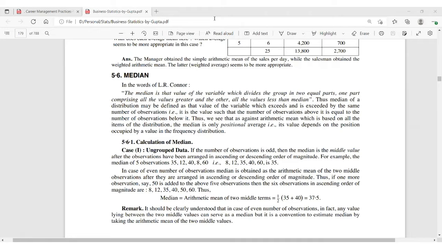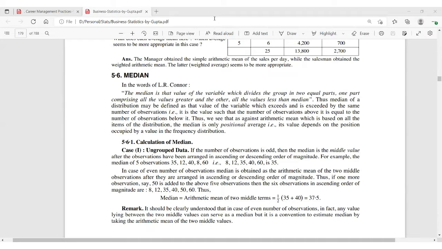So we can generalize that the median is a centrally located value. So generally median is what? That which divides into two groups. One part is all values greater than the median and the other is all values less than the median, right? So this is a centrally located value.